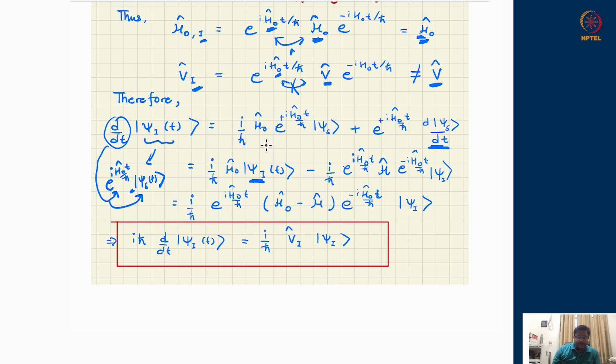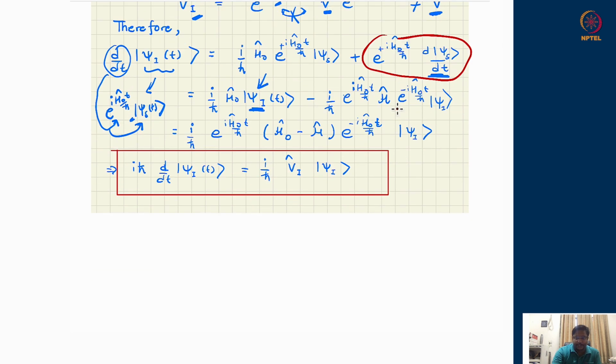So the first term is this, as we have seen. In the second term, let us elaborate upon this piece and see what we get out of it.